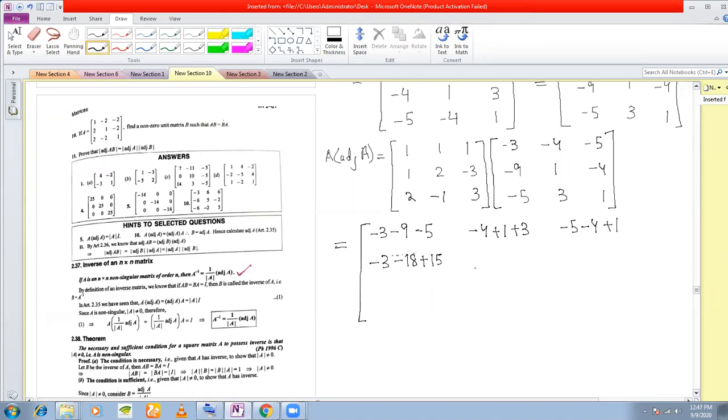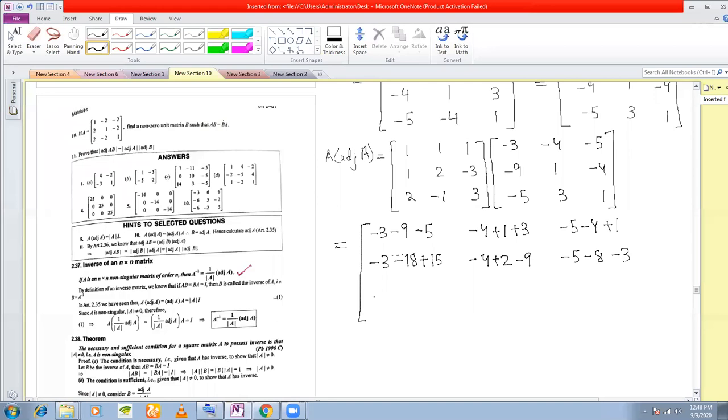Next, second row, second column: minus 4, plus 2, and minus 9. Next, second row, third column: minus 5, minus 8, and minus 3.